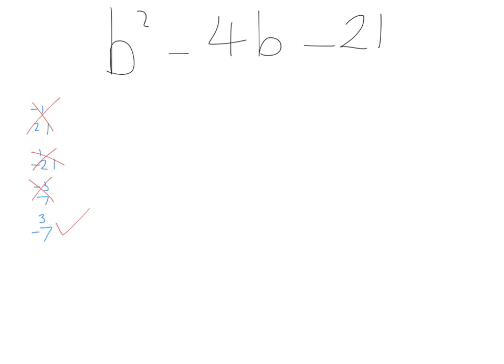But this is the one that when I sum the factors, I get minus 4. So I'm simply going to write it in the form, put it in my brackets, b plus 3, b take away 7. Remember, you can check your work by multiplying out your brackets and collecting like terms.